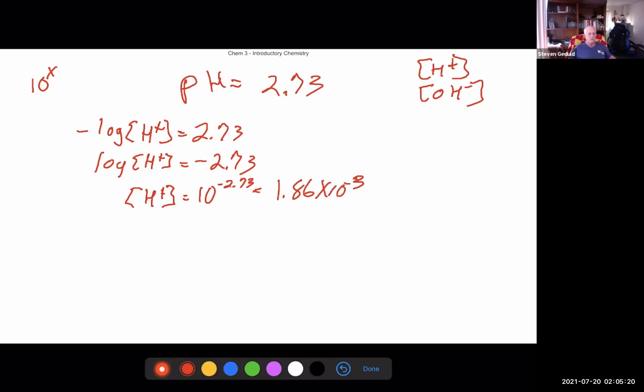Okay, so now you got your H plus concentration. All you do is enter your number, and then you hit inverse log, which is 10 to the x. And that gives you the H plus concentration.